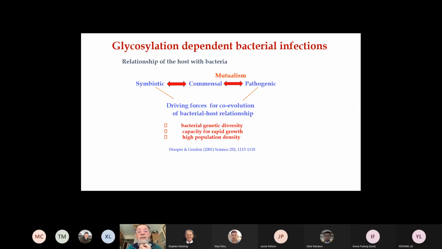These are the driving forces in coevolution for the development of a bacteria-host relationship, because we have bacterial genetic diversity, we have a capacity for rapid growth of the bacteria, and we have a high population density. So next one, please.